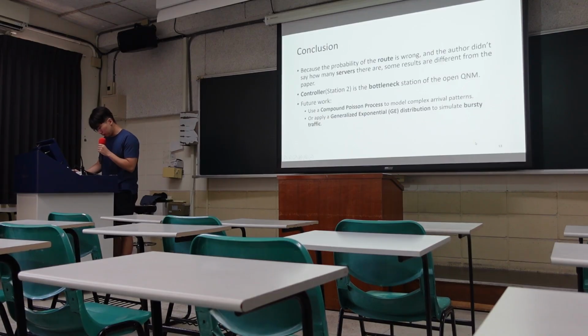And second, the simulation reveals that the controller is the bottleneck in the open queuing network model. In other words, it is the main limiting factor for overall system performance.